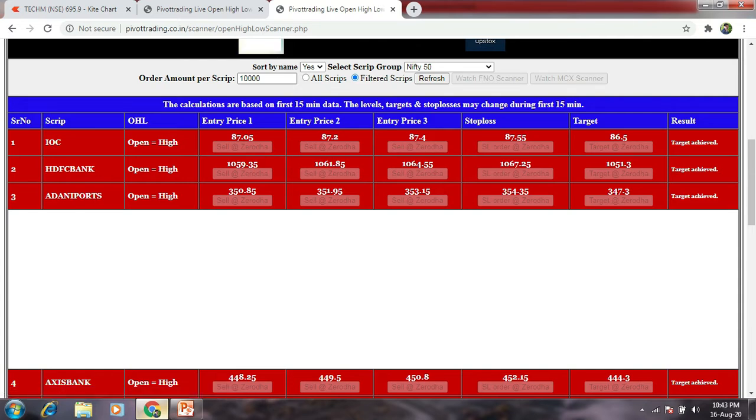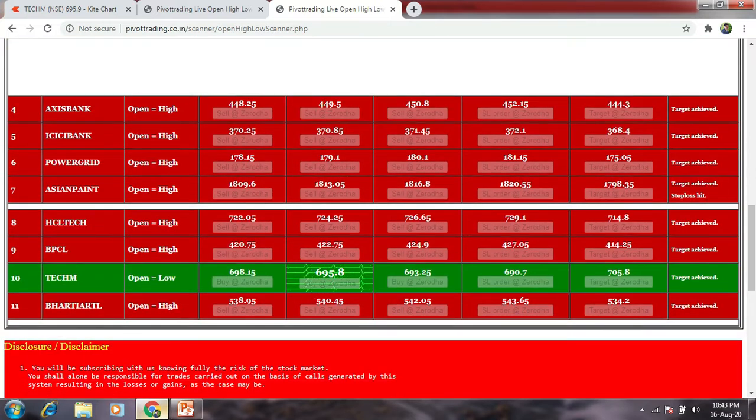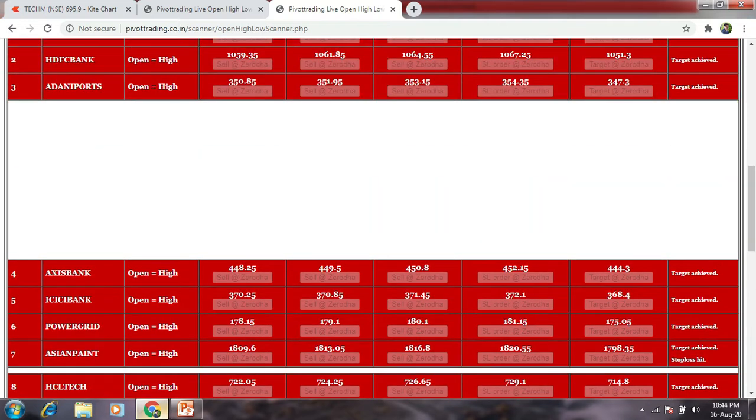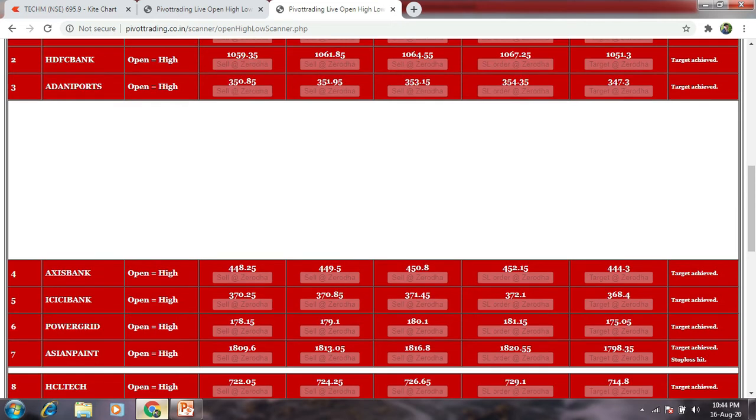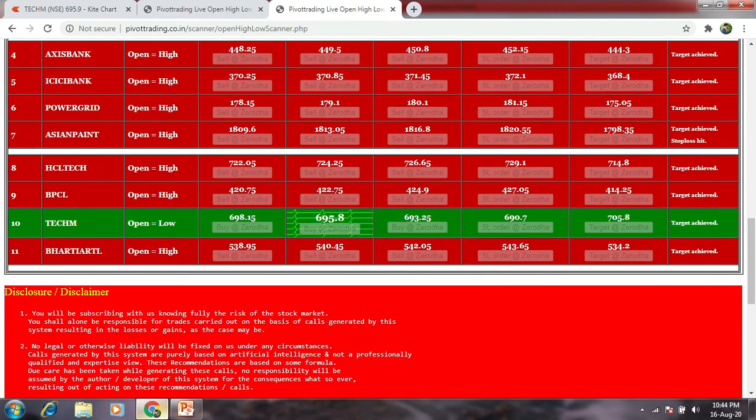When the market is in a downtrend, obviously the chances are more for the stocks to go downside. The red color is what they have marked as open is equal to high, and the green ones are open is equal to low.